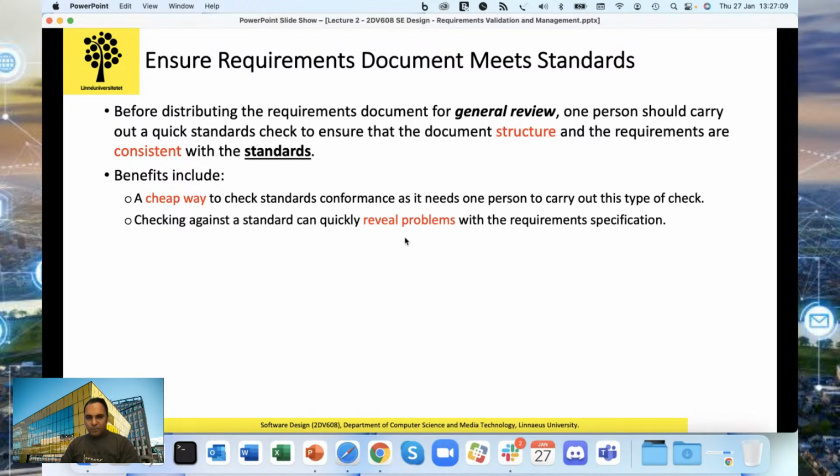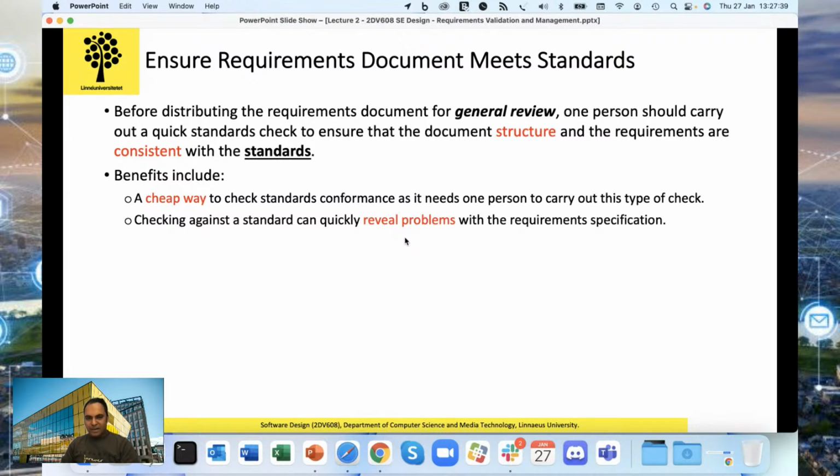If you have a requirements document that is in sync with a standard, that means it's easy to find problems, because in the standard there are some obligatory sections or obligatory parts that you need to define for each requirement, and there can be some optional or non-obligatory sections.